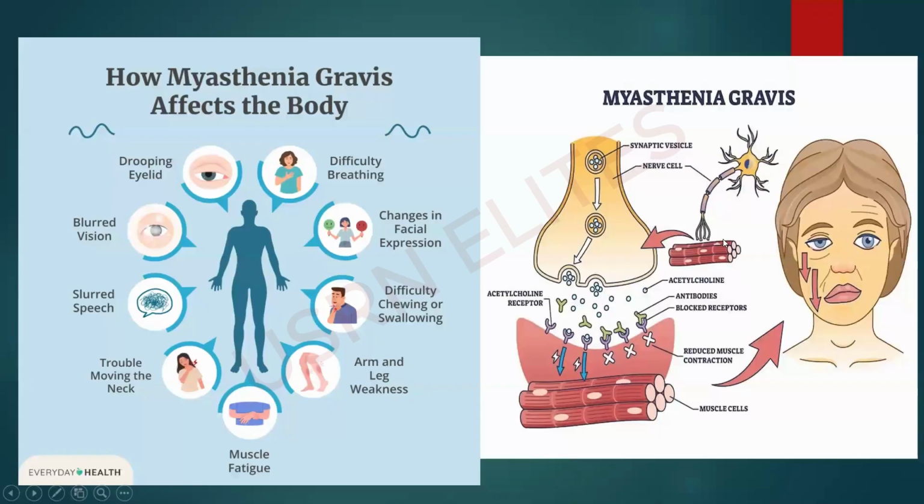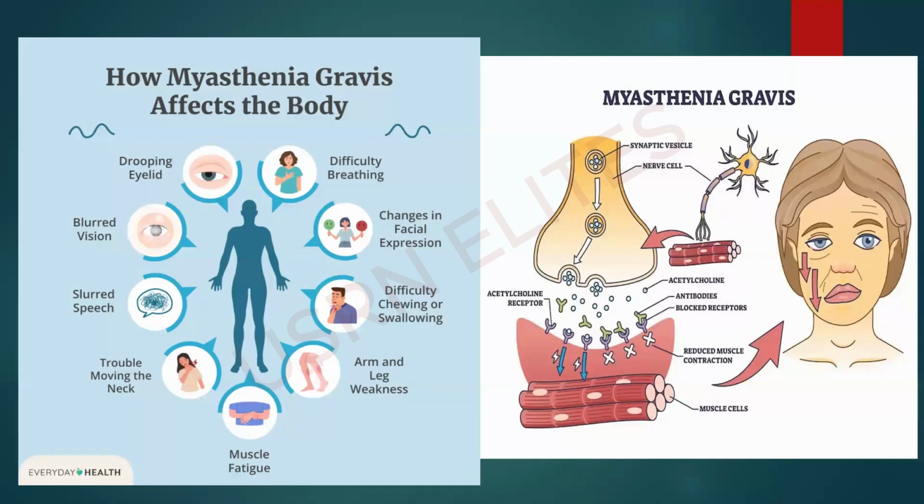All right, now we have identified the fact that it is an autoimmune disease. I brought this picture here just to explain what is really happening. Autoimmune disease means that the immune system is attacking the body itself.